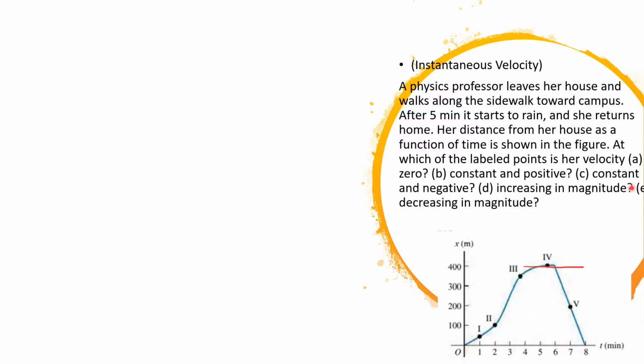So, for letter A, since the instantaneous velocity is the slope of the tangent to the x versus t graph, the velocity is 0 when the slope is 0, and it can be found at 0.4.